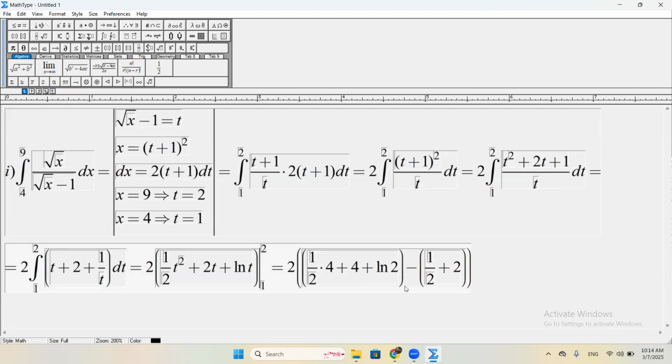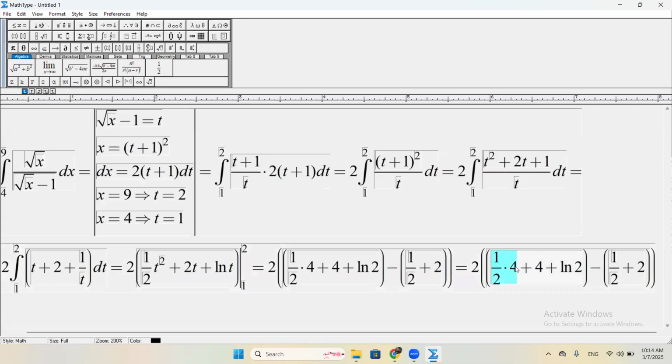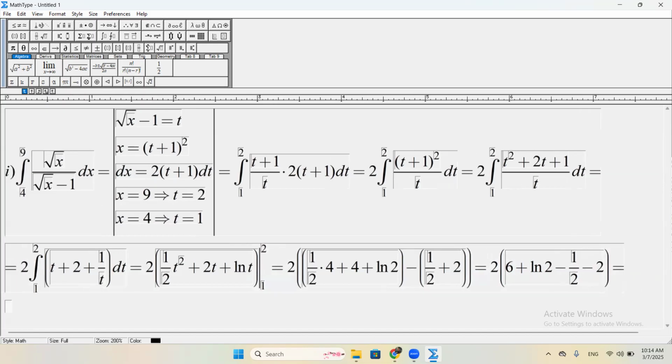Now continue the calculation. It is equal to 2 times 6 plus logarithm of 2, minus 1 over 2 and minus 2. Then I divide and multiply by 2.